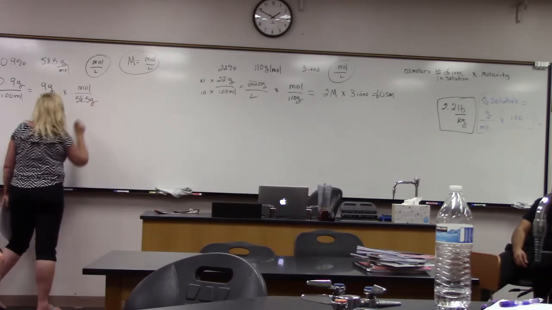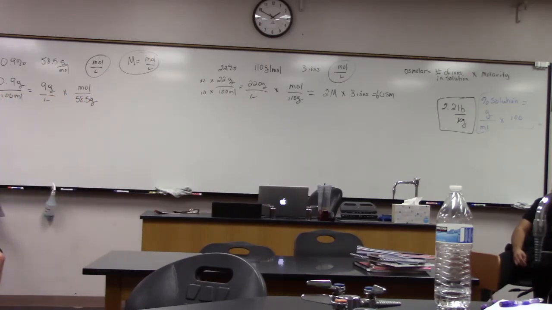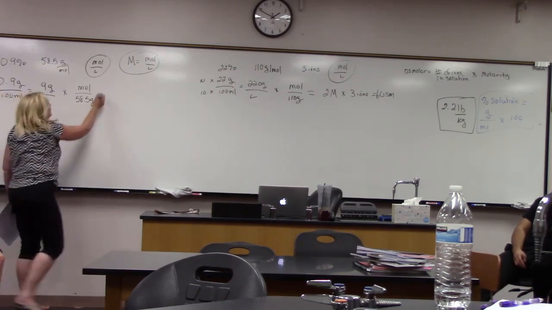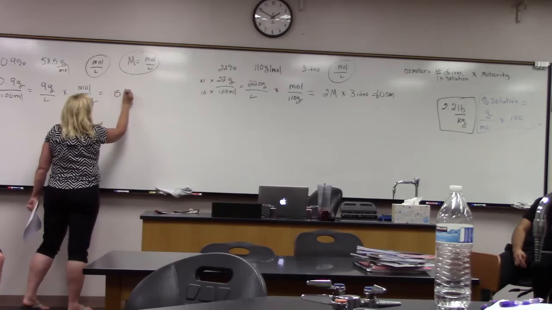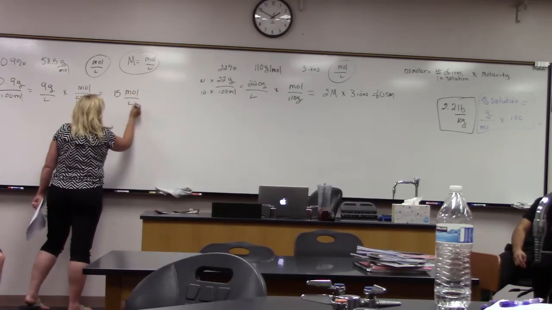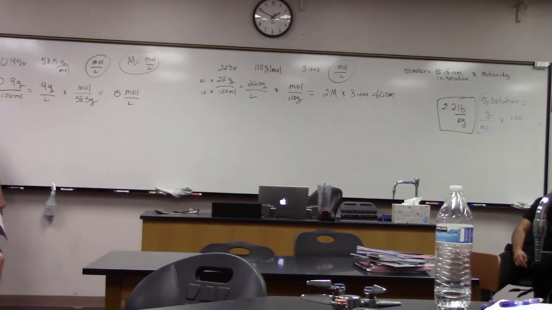I have a feeling you're starting to get this. So, what is 9 divided by 58.5? 0.15 moles per liter, or a 0.15 molar solution. If I wanted to figure osmolarity, what would I do? Two ions.